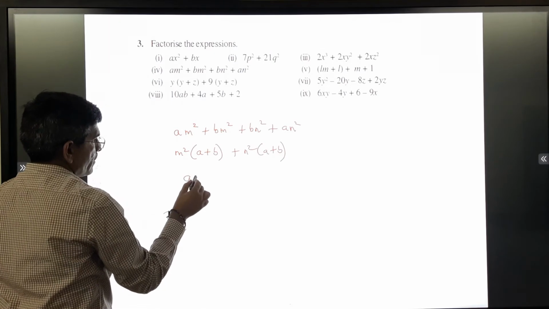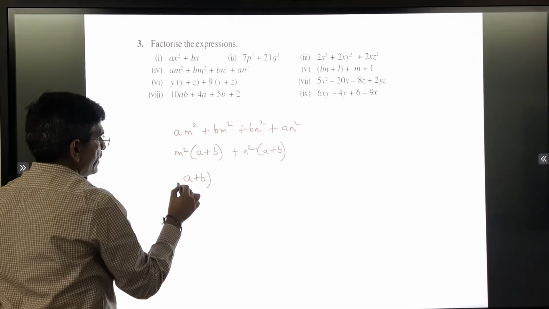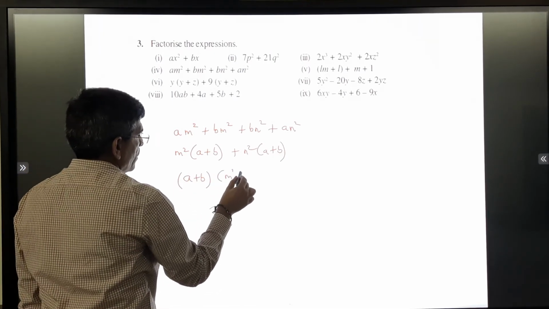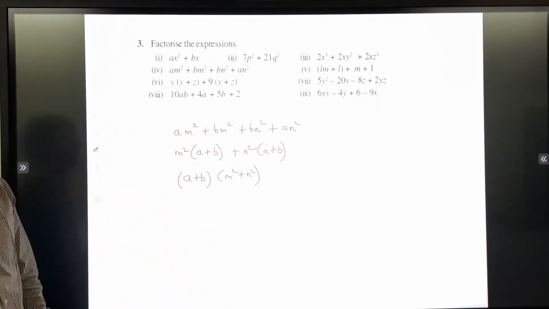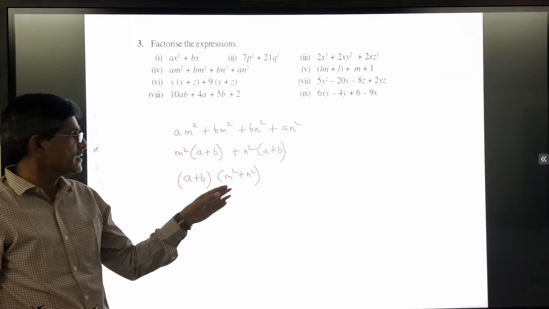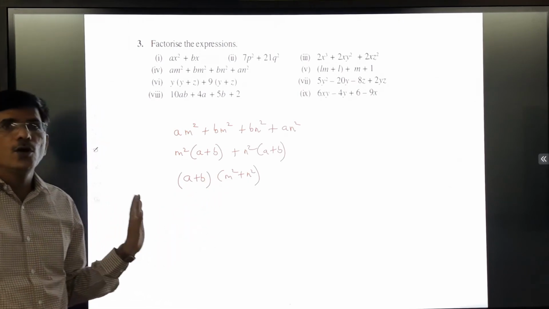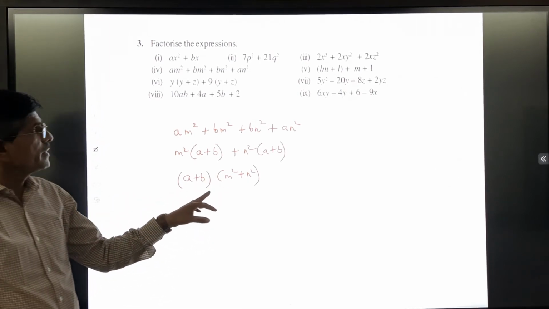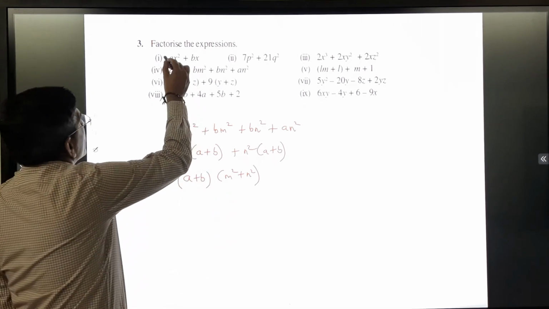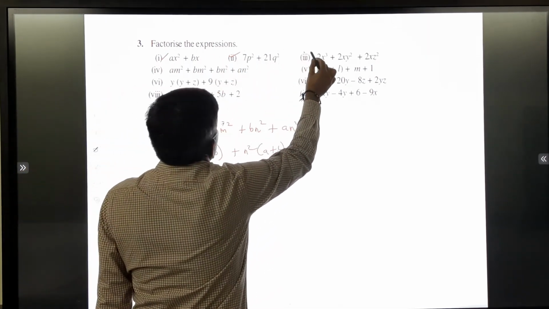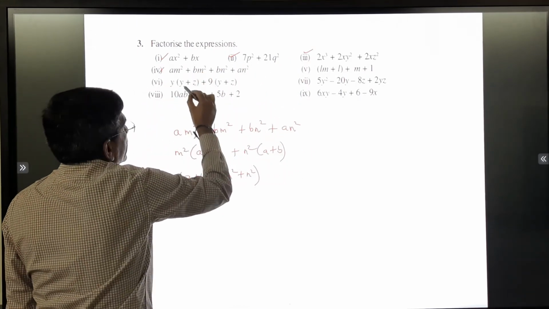So the answer is (a plus b) and (m square plus n square). So when 4 terms are there, at that time we have to make a common factor such that we get the answer in brackets. That is (a plus b)(m square plus n square). So first, second, third, fourth are completed.